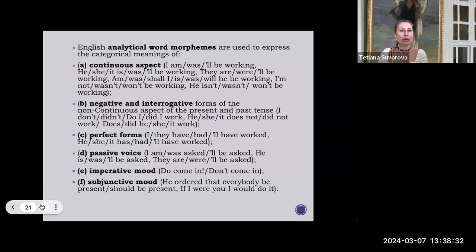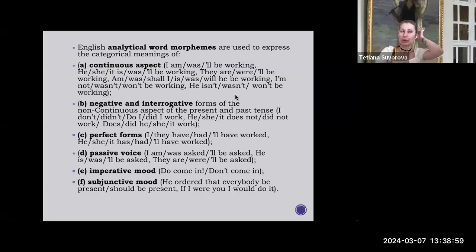Yes, so this is all about the analytical way of forming and expressing some grammatical meaning, because as I mentioned, in the Ukrainian language we use endings and prefixes and suffixes to do that. So let's compare things. Continuous aspect, I am, or I was, or I will be working, yeah, and so on.